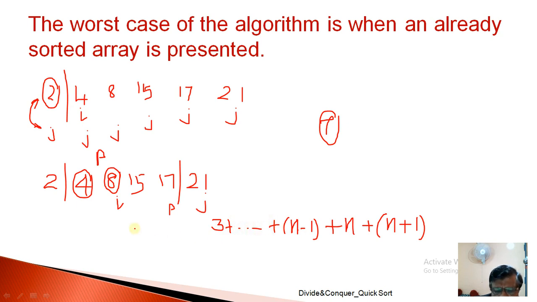If you put together the number of comparisons in the worst case of the algorithm, as a function of input size n, it happens to be a series of comparisons: 3, 4, 5, like this, n minus 1, n, n plus 1.